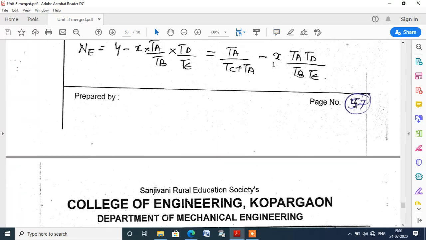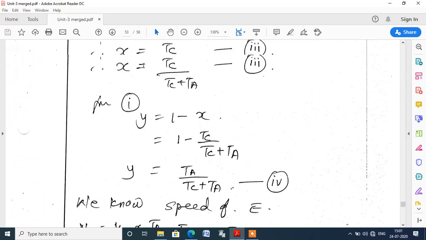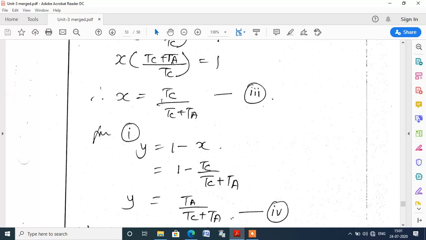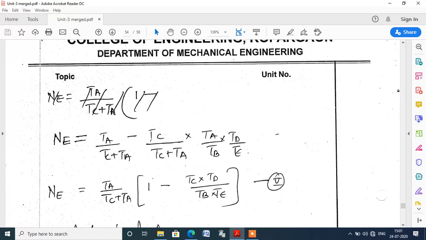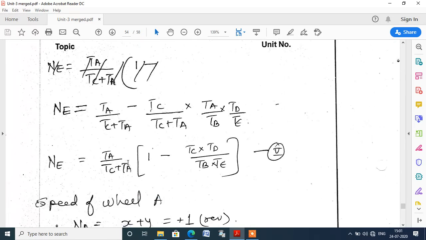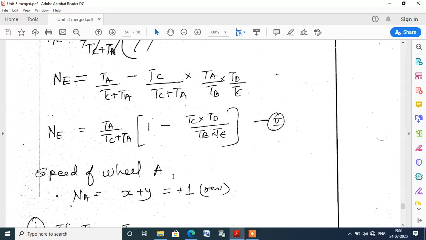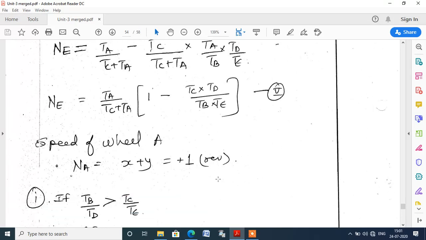Again putting the value of x, x equals tc upon tc plus ta, and taking common ta upon tc plus ta, we get 1 minus tc into td upon tb into ta. So this is the revolution of E. Now the speed of wheel A from the table is x plus y, let us say plus 1 revolution.